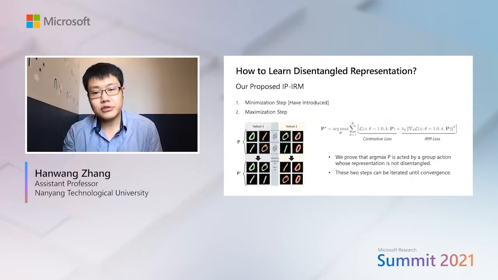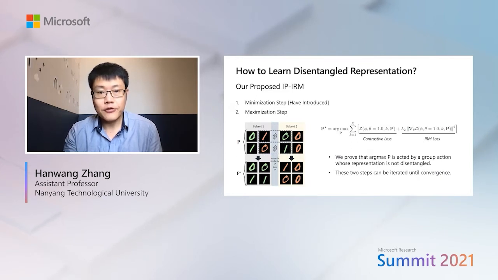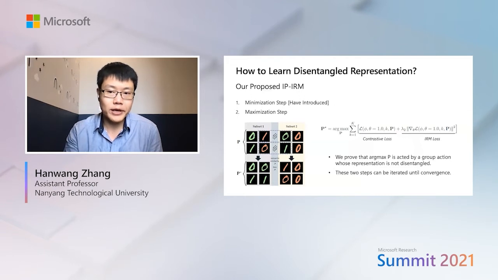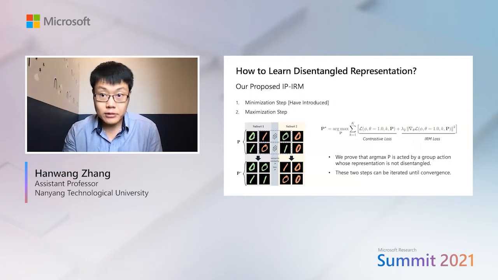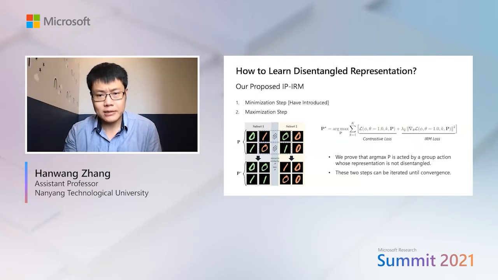Recall that we have introduced how to disentangle one group action in the feature space using the minimization step. Similarly, the key to disentangle another new feature is to find a new partition set. Let's think reversely in an informal but intuitive way. If we can learn one disentangled feature, then we can minimize its objective.